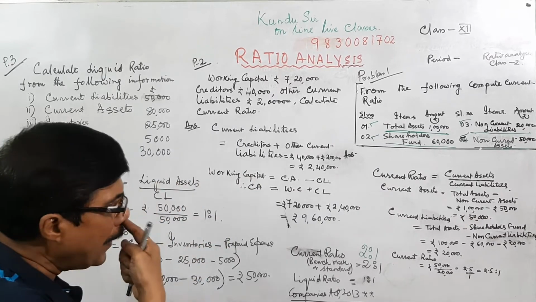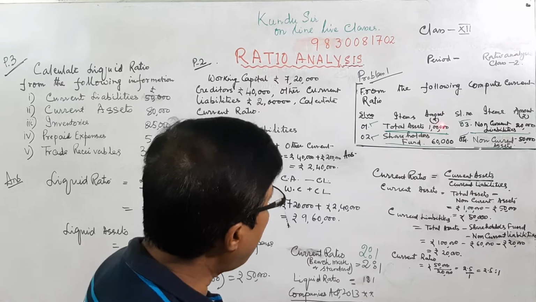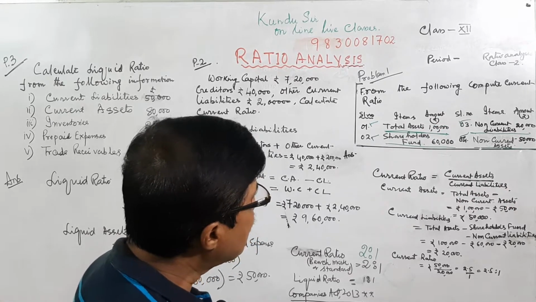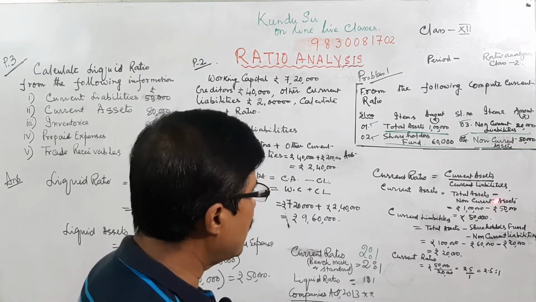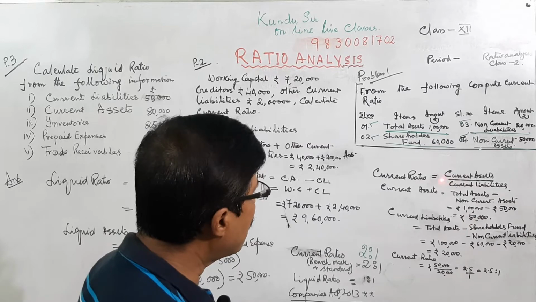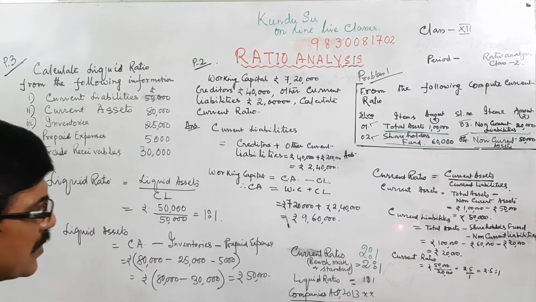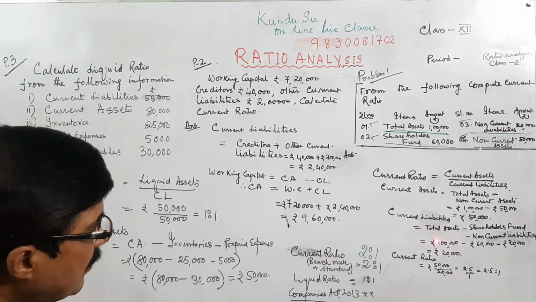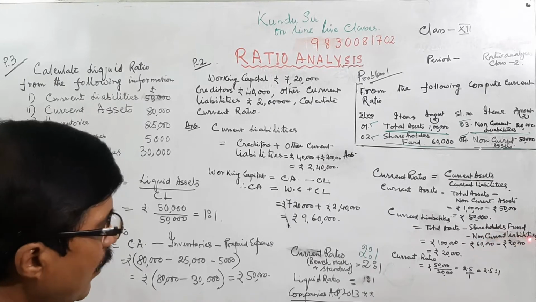In this problem, total assets are 1 lakh and non-current assets are 50,000. Therefore, 1 lakh minus 50,000 is 50,000, which equals the current assets. Now, current liabilities equal total assets minus shareholder funds and non-current liabilities.